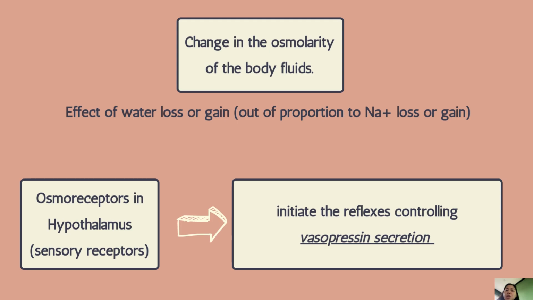Under conditions due predominantly to water gain or loss, the sensory receptors that initiate the reflexes controlling vasopressin secretion are osmoreceptors in the hypothalamus.